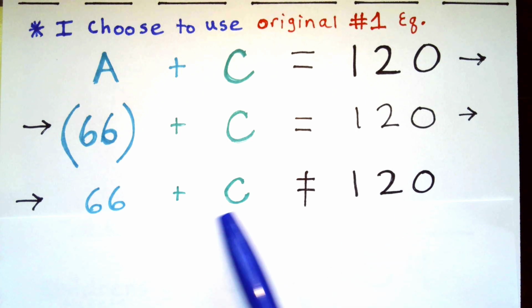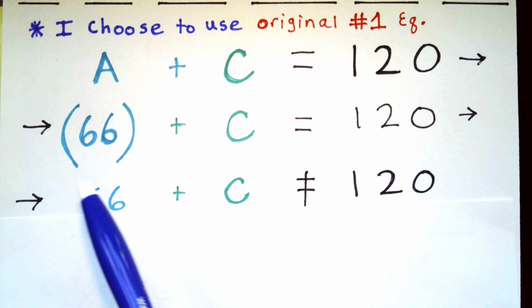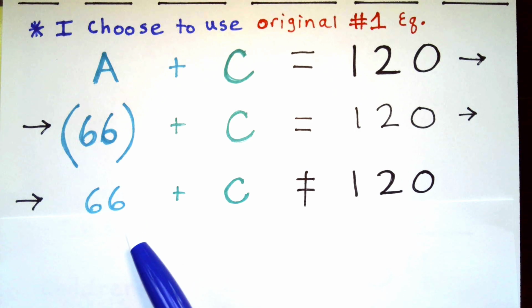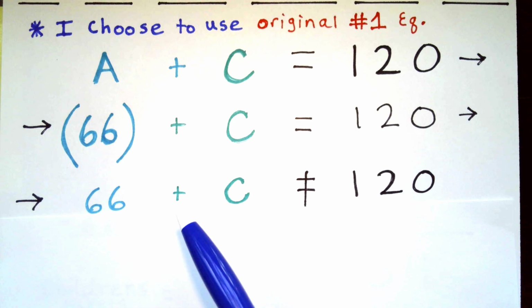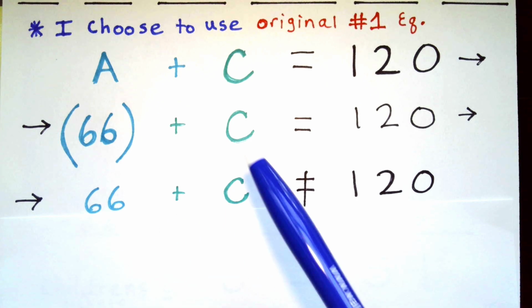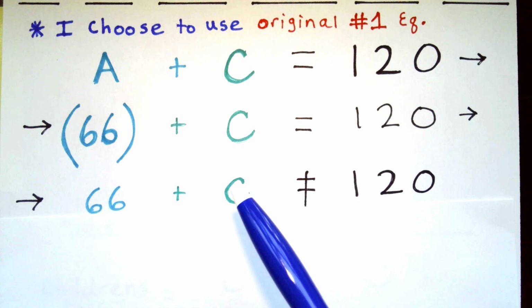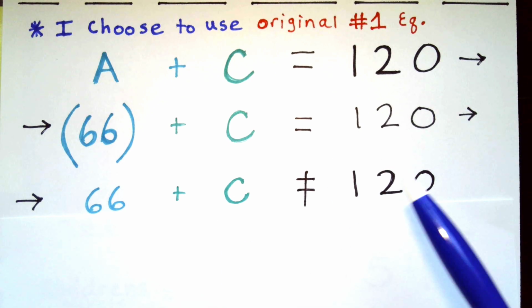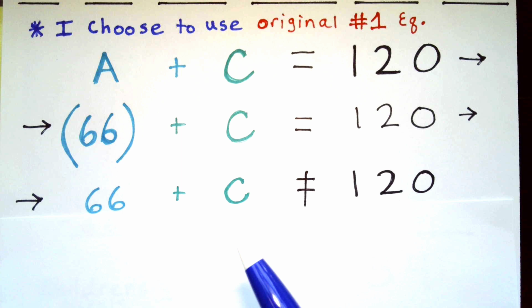Now I want to get C all by itself. How can I turn that 66 into 0? Or another way to look at this, 66 plus C. C represents a real number. What number plus 66 would give me equal to 120? There's two ways to look at that. And if you can't see it that way, you've got to use inverse operations.